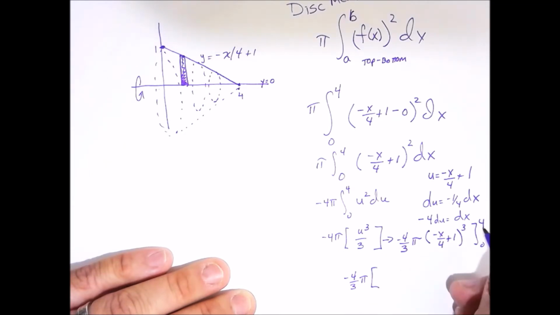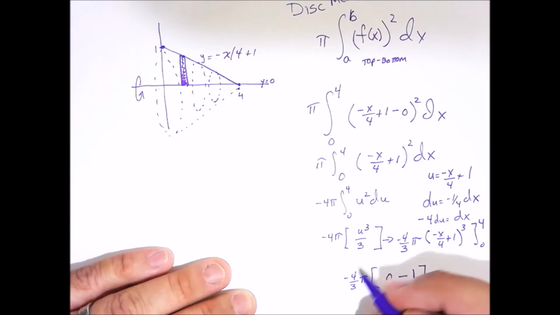I plug in 4. 4 over 4 is negative 1, plus 1 is 0. 0 cubed is 0. Minus, plug in 0. 0 over 4 is 0, plus 1 is 1. 1 cubed is 1. So I have negative 1 times negative 4/3, and we get 4/3 pi.